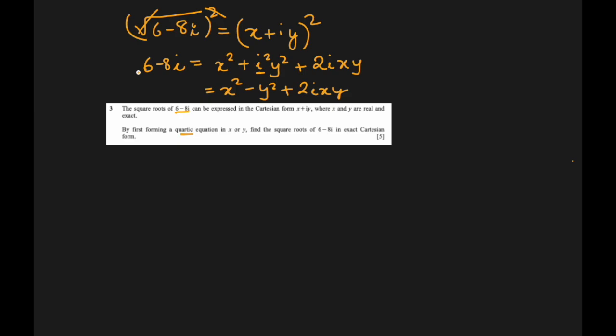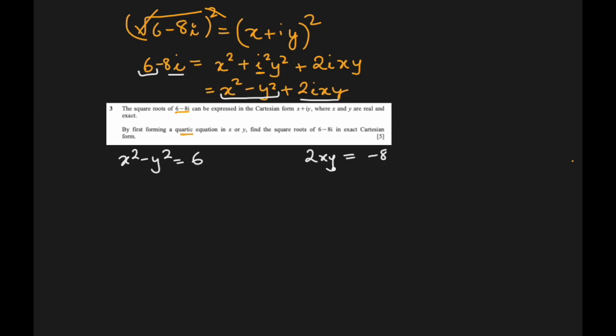So now we can see that the real part on the left hand side is 6, and the real part on the right side is x square minus y square. They are real parts, so we can equate them. It becomes x square minus y square is equal to 6, whereas this is the imaginary part and this is the imaginary part. We can equate them without i. So minus 8 is equal to 2xy.